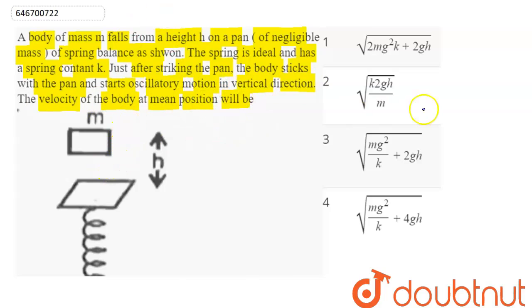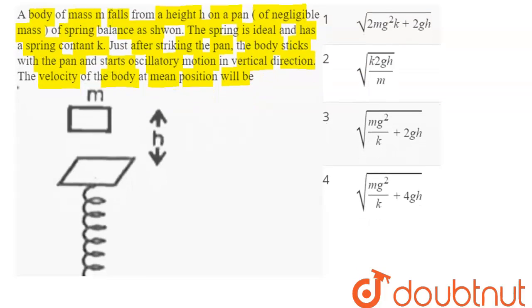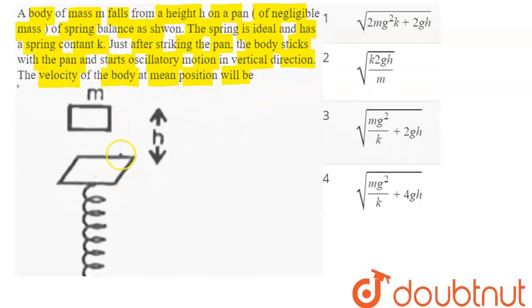So here we can apply mechanical energy conservation. Let's say this is the maximum compression position at which there is maximum compression in the spring, and this is the natural length position.